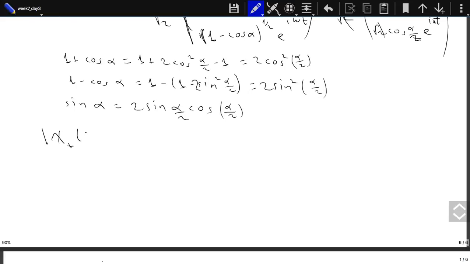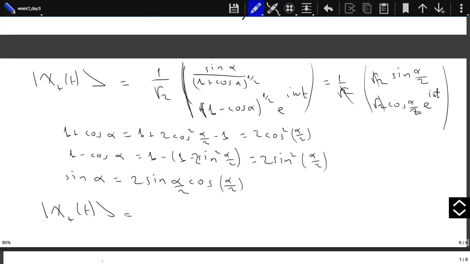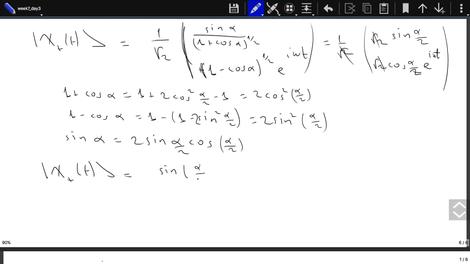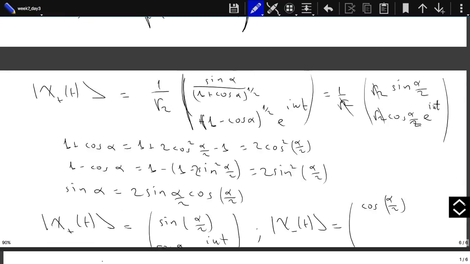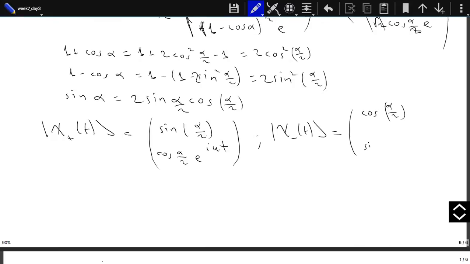So chi plus of t is equal to sine alpha over 2, cosine alpha over 2, e to the power i omega t, and the other one is cosine alpha over 2, sine alpha over 2, e to the power i omega t.